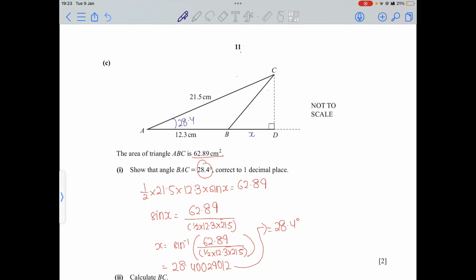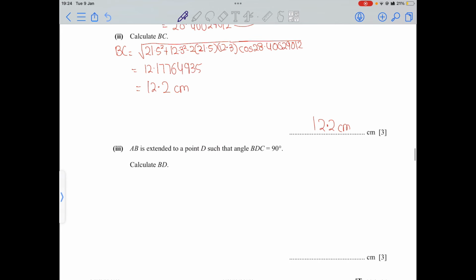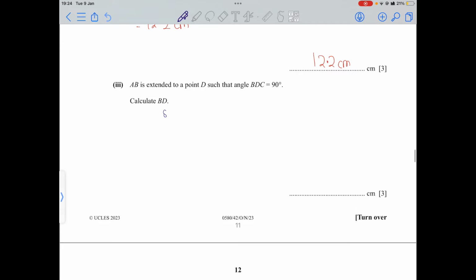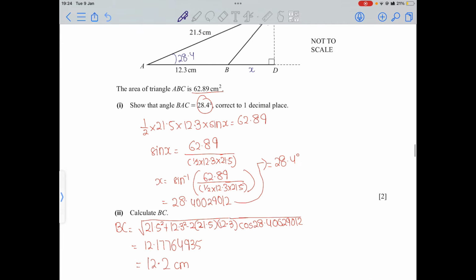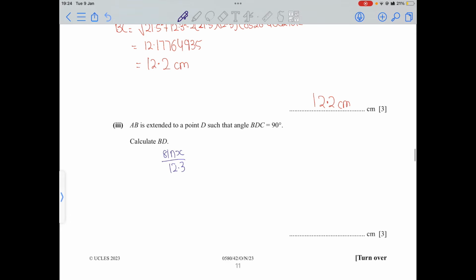So we need to find this angle, which we'll do using the sine rule, that is sine BCA. So I'm going to keep it as sine x over 12.3, I'm assuming, is equal to sine 28.4 over 12.17764935.